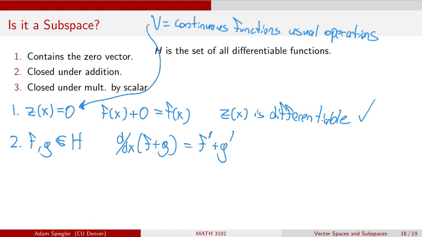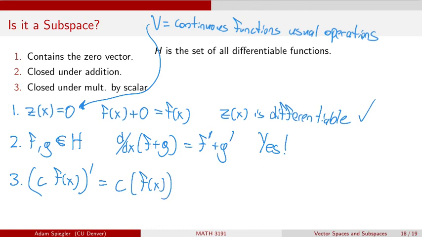So yes, if f and g are both differentiable, then the sum f plus g is also differentiable. And thirdly, if I take some scalar c times f of x, is that going to be differentiable? And yes, it will, because I can pull out the constant and then take the derivative, and I know that f is differentiable since it lives inside of H, so this exists.